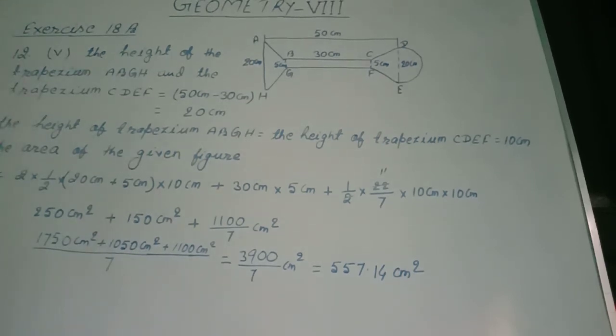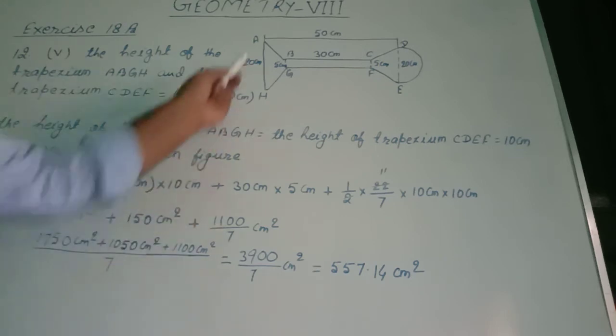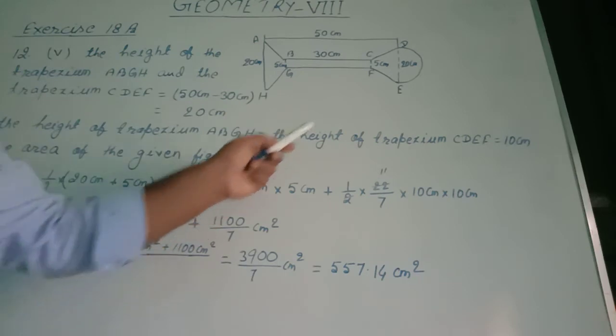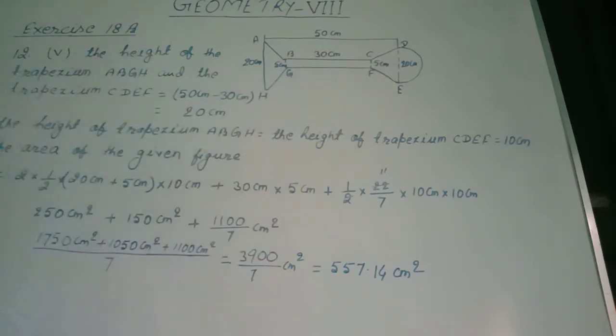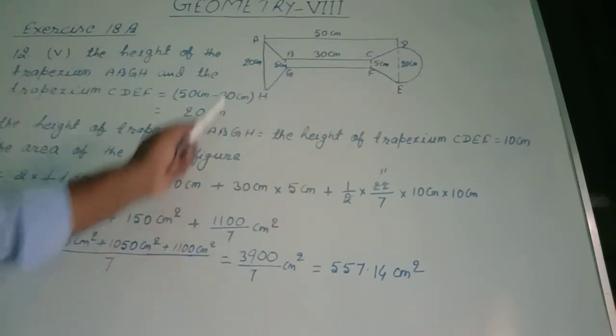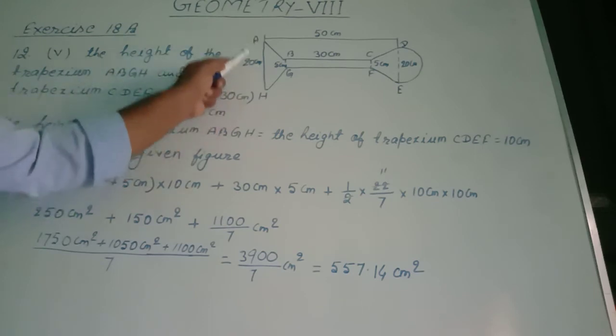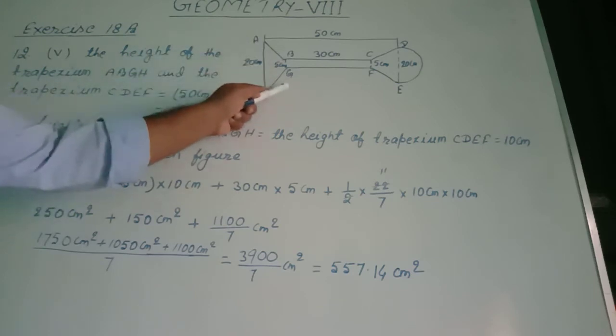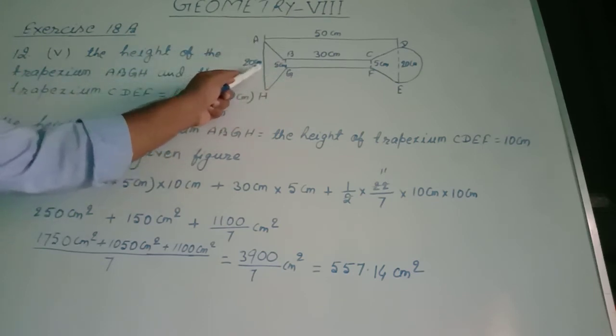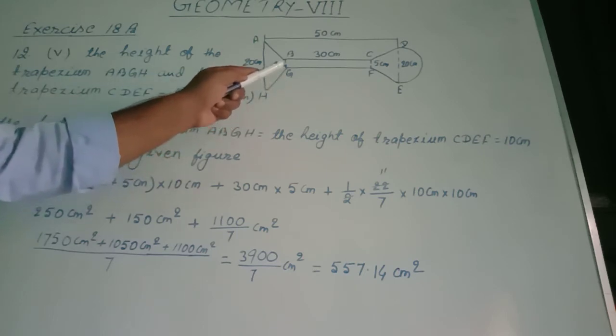In question number 12, Roman number 5, this figure is given. In this figure we are seeing that there are two trapeziums. Those two trapeziums are ABGH and CDEF. In this trapezium, the parallel sides are AH and BG, whose lengths are given 20 cm and 5 cm.